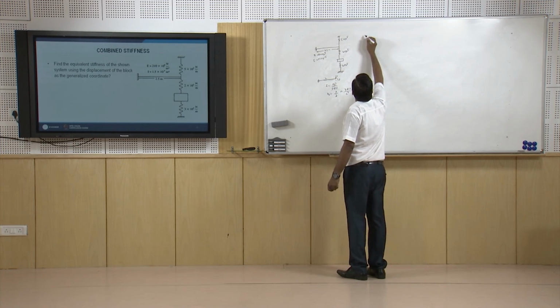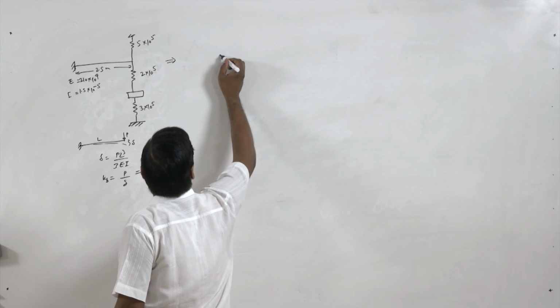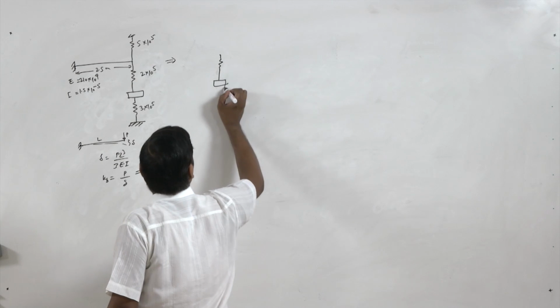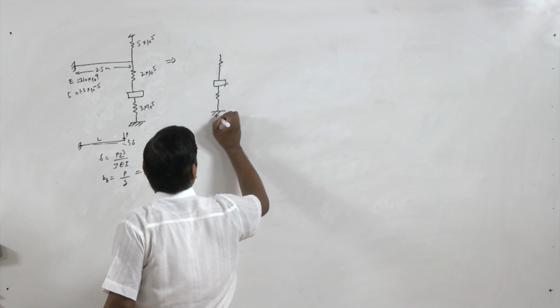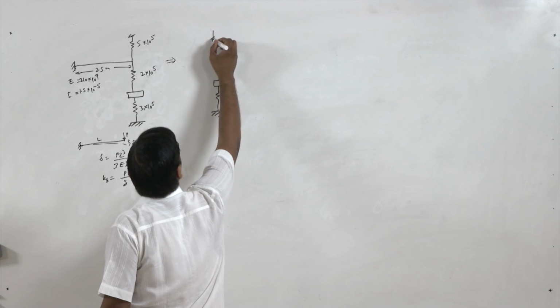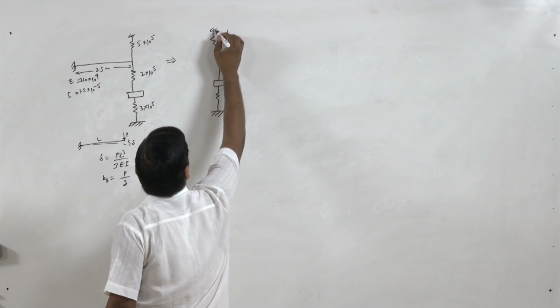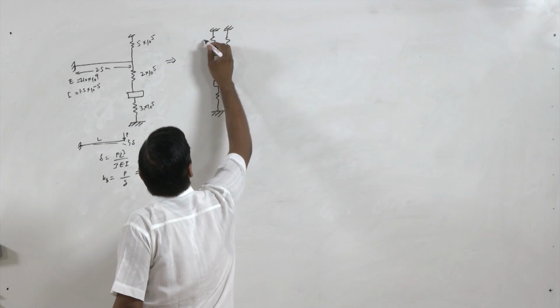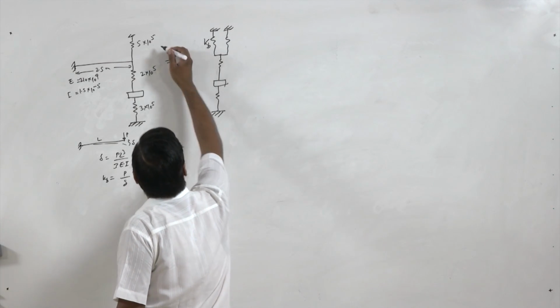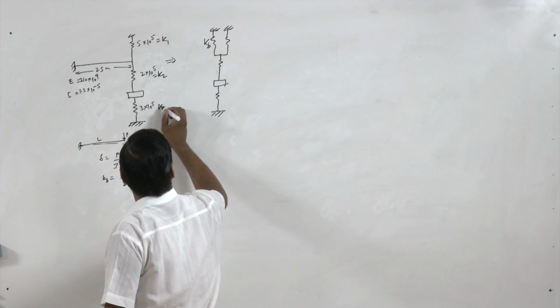So we can make this system equivalent. Here this is KB, and let's say this is K1, this is K2, this is K3.